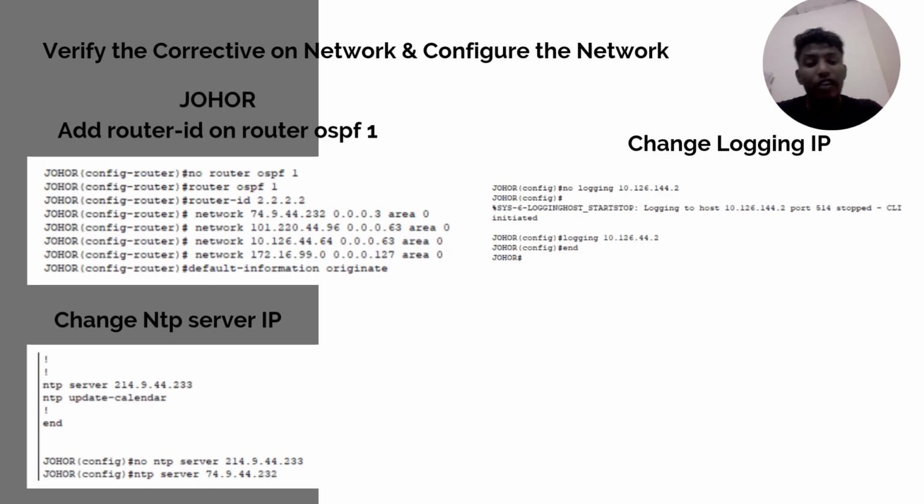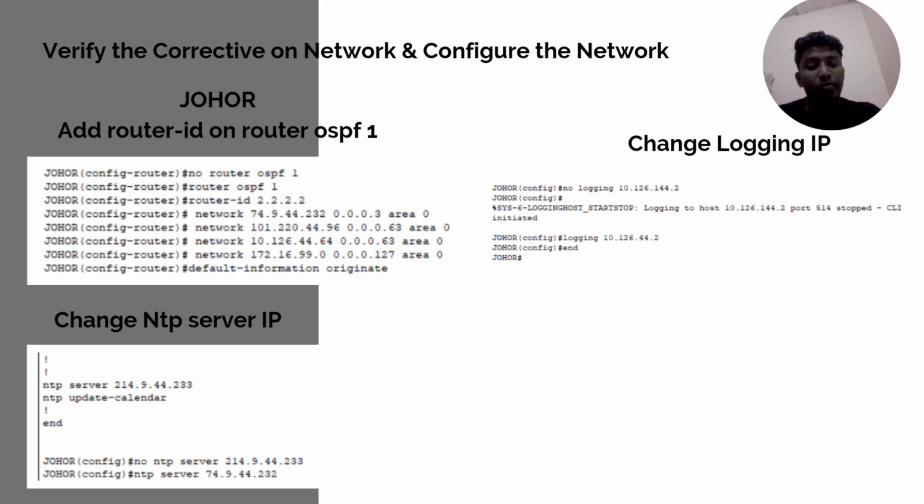So now we create the new OSPF, which is OSPF1. So we set up the ID, and we configure the networks and ID. So then we set up the default information originate.